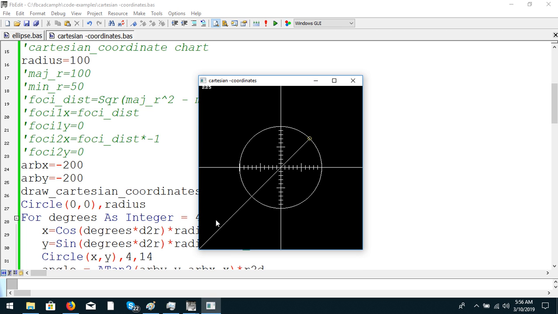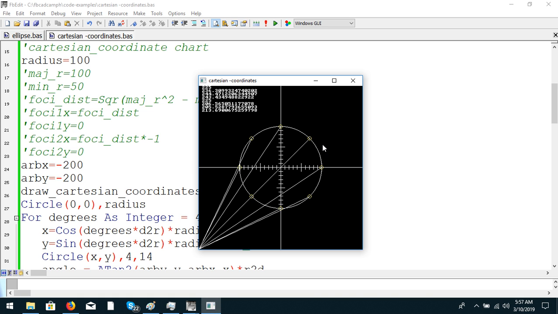So from here to here is 225 degrees. 236, 243, 225, 206. Okay.